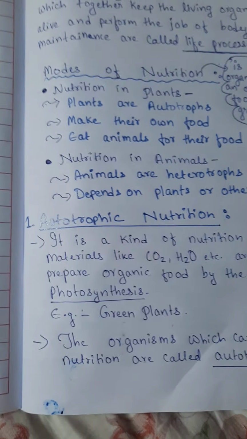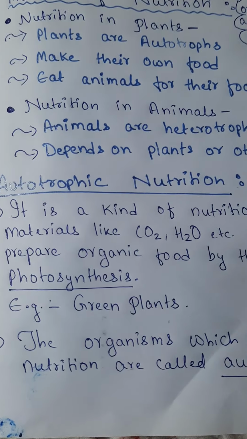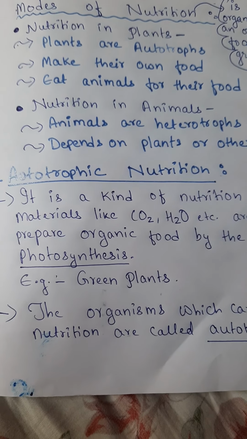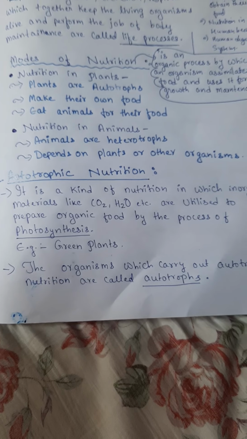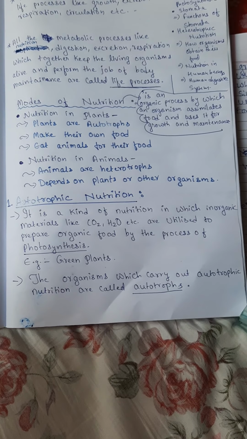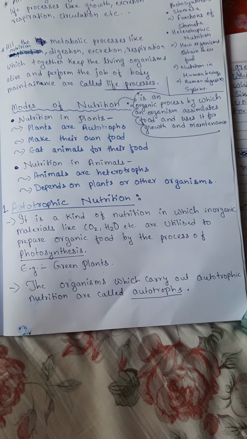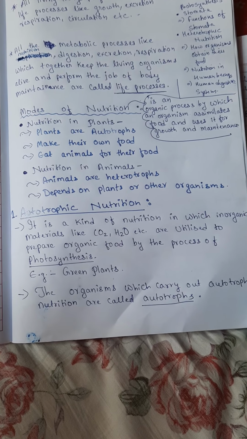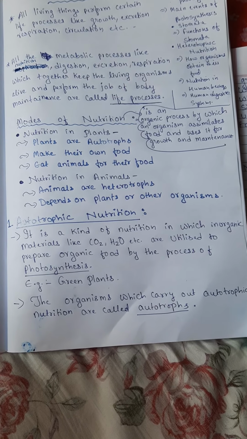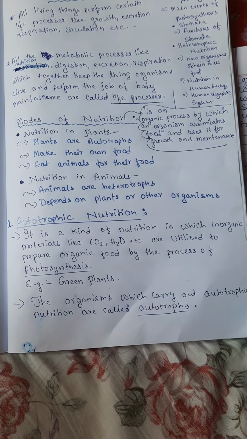Now let's study the autotrophic mode of nutrition. It is a kind of nutrition in which inorganic materials like carbon dioxide, water, etc. are utilized to prepare organic food by the process of photosynthesis. For example, green plants.